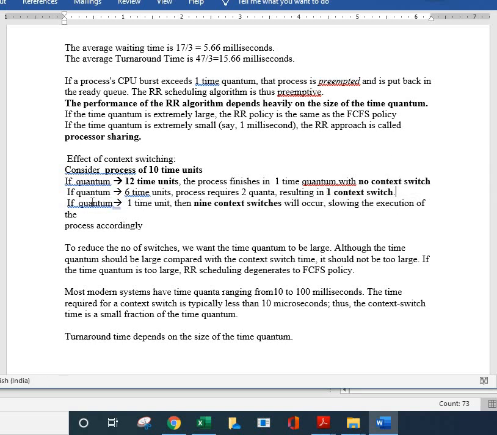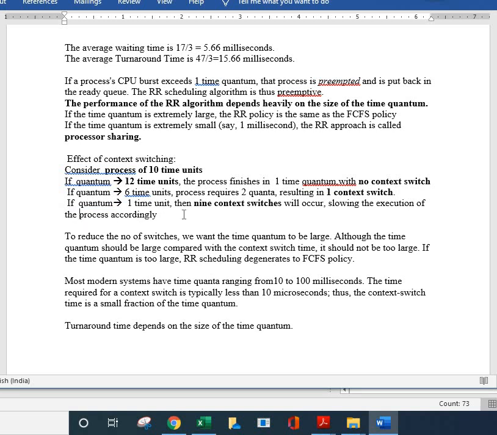And if the time quantum is designed to be 1 millisecond, then obviously it requires at least 9 context switches. And as we know, context switching is quite time consuming, because it needs to save the details of each and every process, and then put the other process for execution.